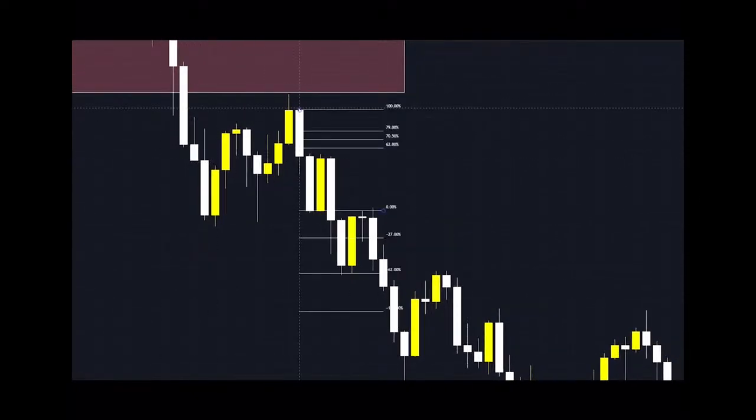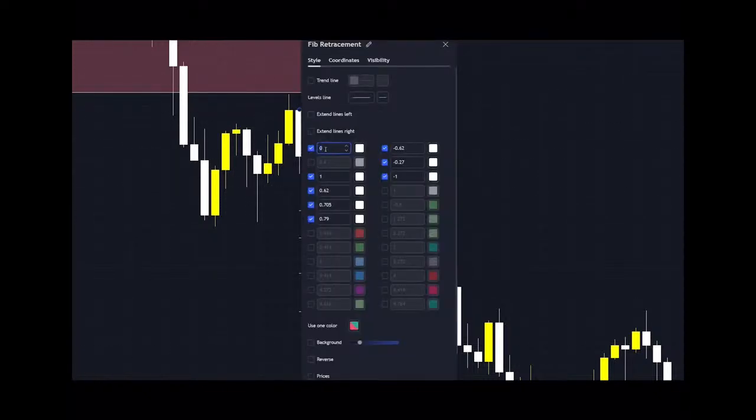So wherever our impulse started from and then starts going the other way, we draw our Fibonacci tool. These are the settings that he uses: 0.1, 0.62, 0.705, 0.79, and then fib extensions, negative 0.62, negative 0.27, and negative 1. The 705 is his ideal optimal trade entry.